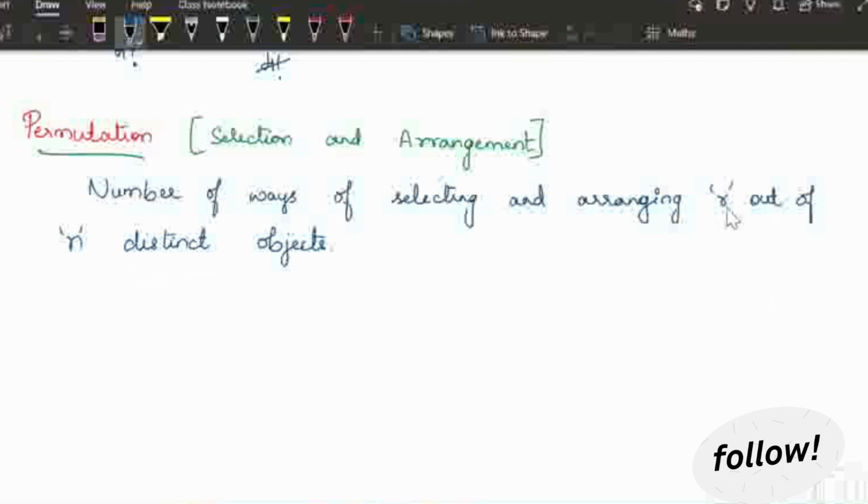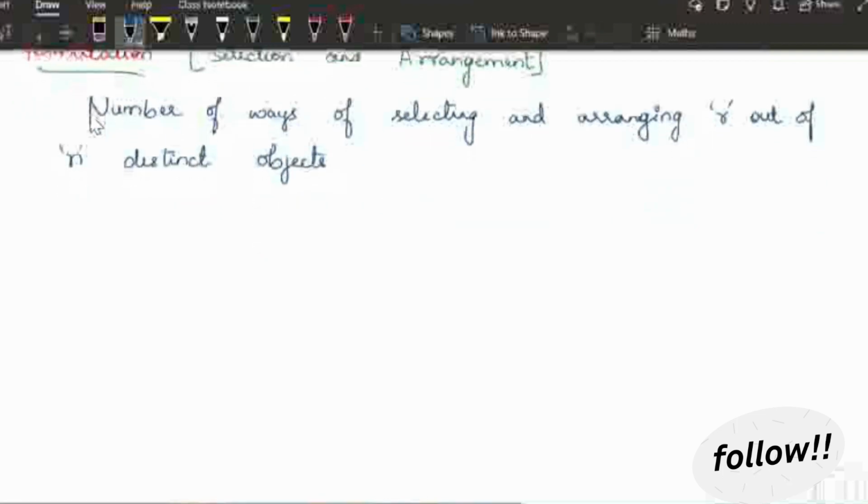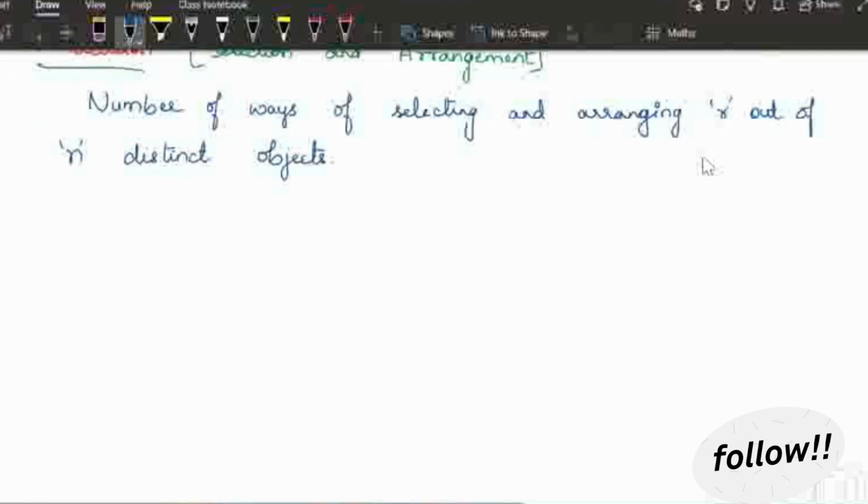And you have to take r objects out of it and arrange them. So we have to select r objects out of n objects and then arrange them. How many such arrangements are possible? That is going to be your answer under permutation problems. As you can understand, out of n objects you are taking r, right?